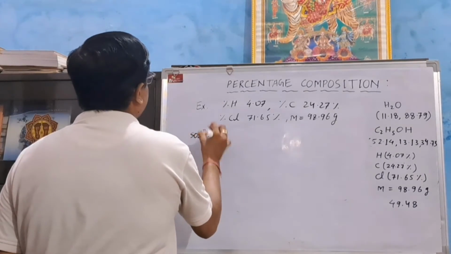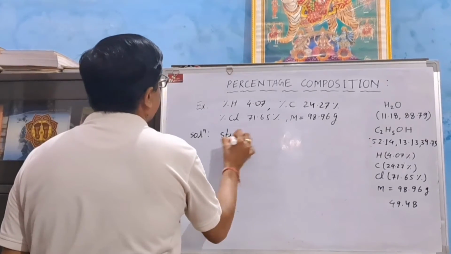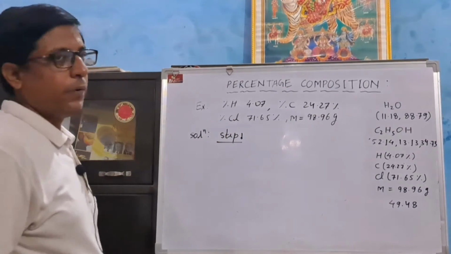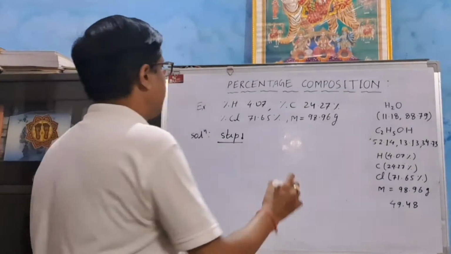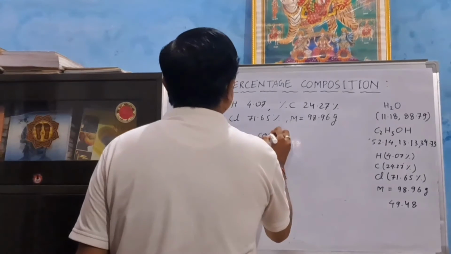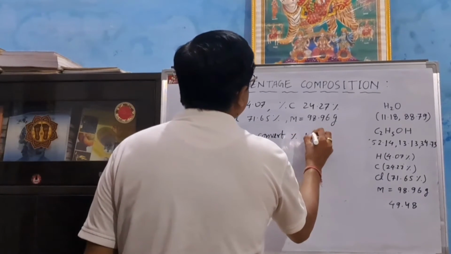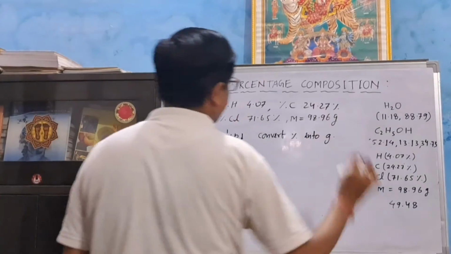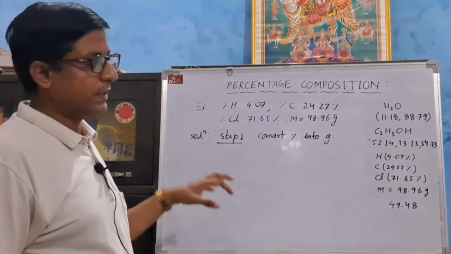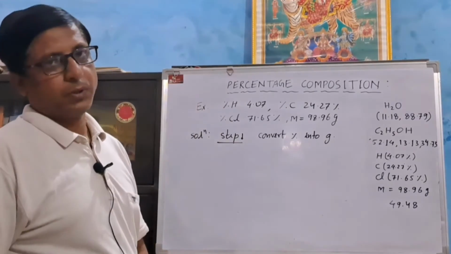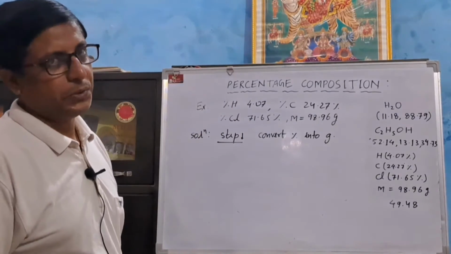Solution. In the first step, convert mass percent into grams. Let us assume that originally 100 gram of compound is present, then mass percentage can be converted into grams.